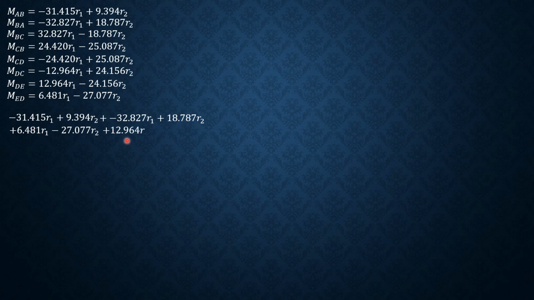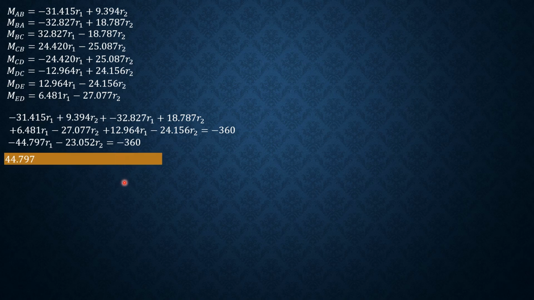Combining like terms and simplifying, we have negative 44.797 R1 minus 23.052 R2 equals negative 360. So setting up the first equation, 44.797 R1 plus 23.052 R2 equals 360. Call this equation A.